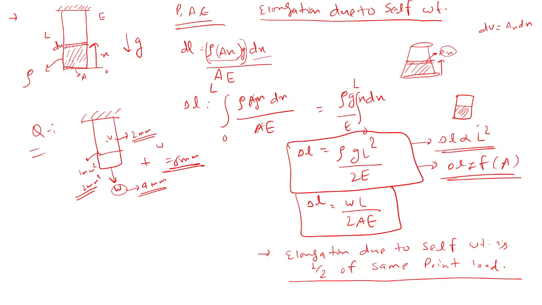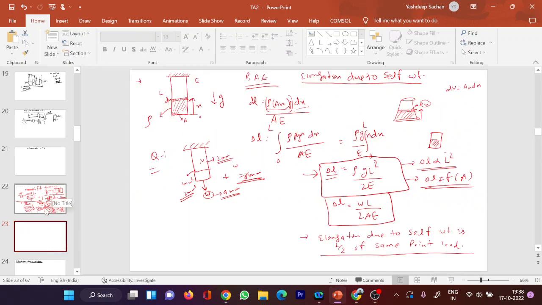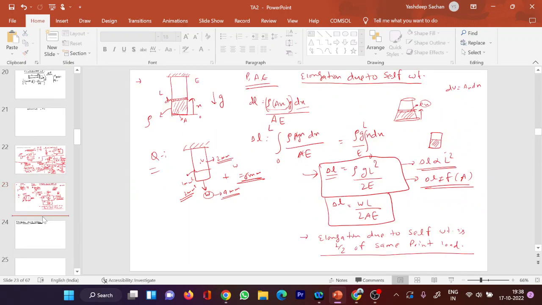Whatever you put, let's suppose you put 1 here, and in the denominator also 1, it gets cancelled. If you put 2 here and 2 here, 2 again gets cancelled. So area gets cancelled at the end. Area is not affecting the elongation here. That is the point. Any other problem, or should I move forward?